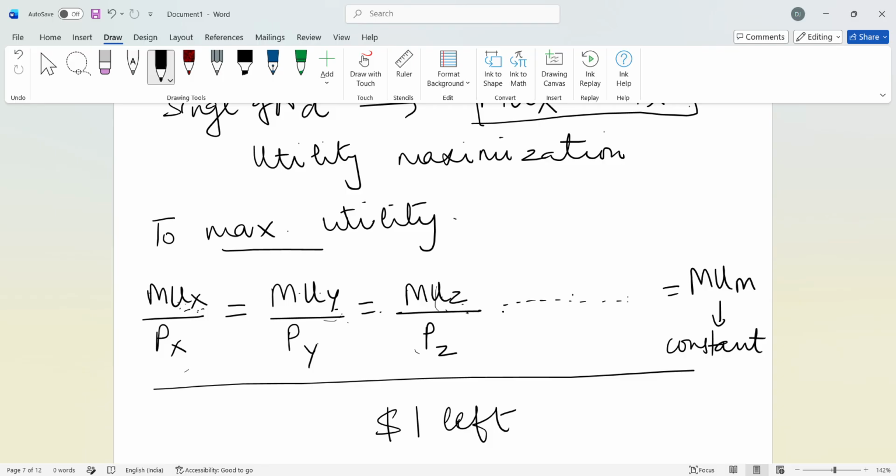That's what it means. This is what we call the law of equi-marginal utility.